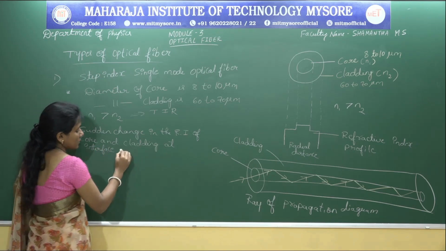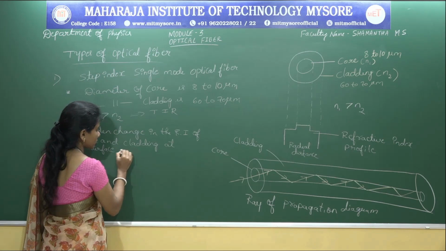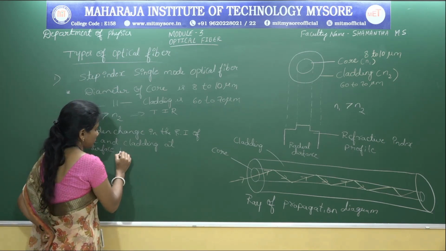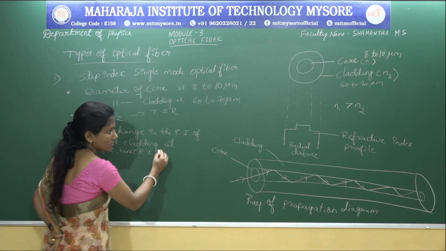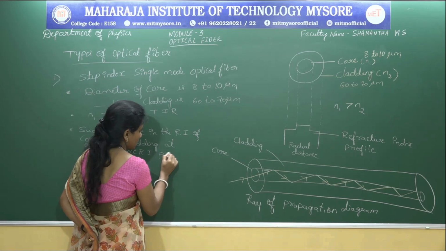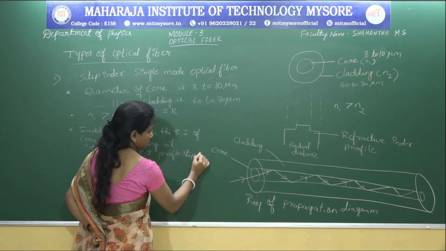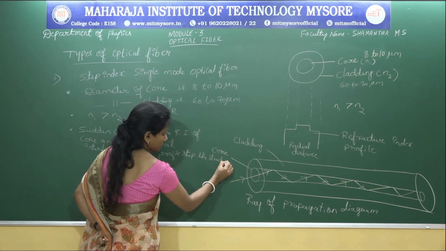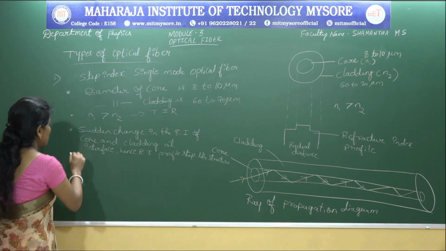So that's why it will take a step-like structure. Hence the refractive index profile is a step-like structure.